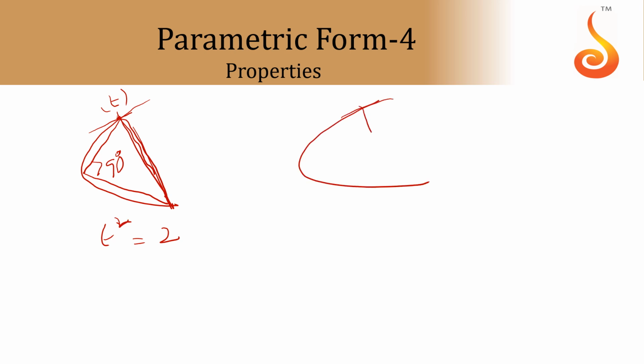If the normal chord subtends 90 degrees at the focus, t square will be equal to 4. So all these things, by using parametric forms, we can develop very easily.